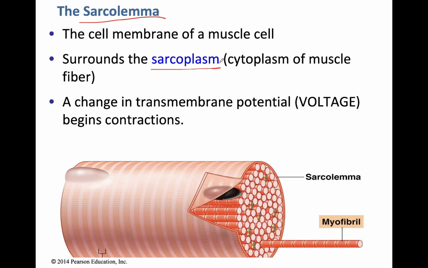The sarcolemma has a very specialized function that's a little bit different than what a normal cell membrane does. The sarcolemma is able to transmit voltage quickly in all directions of that cell.